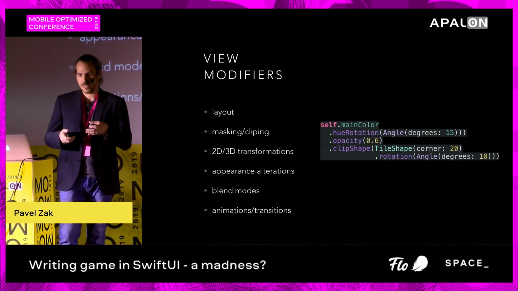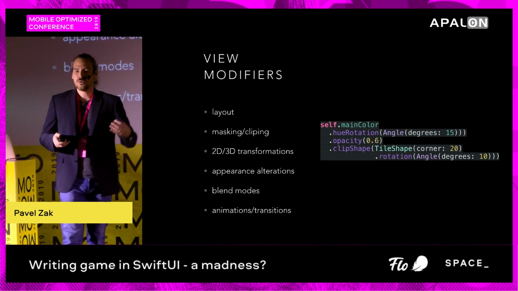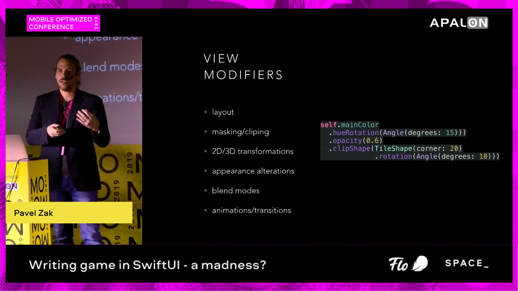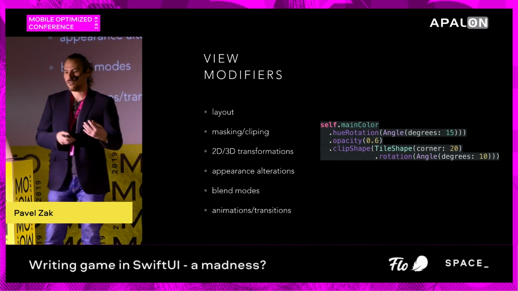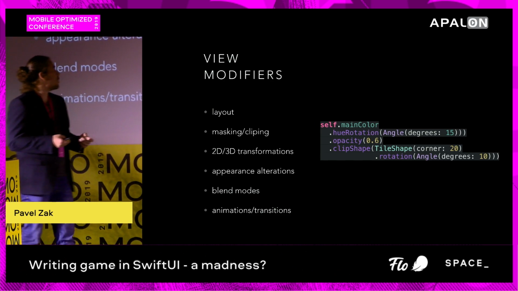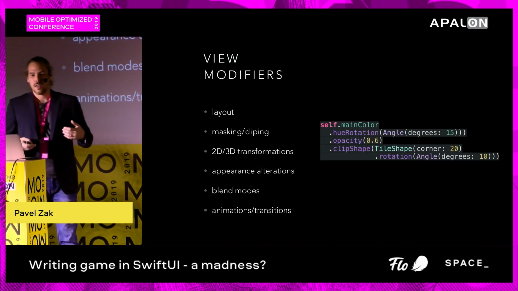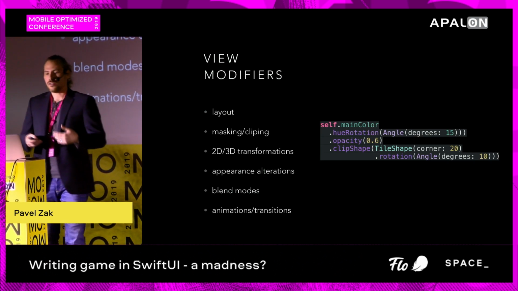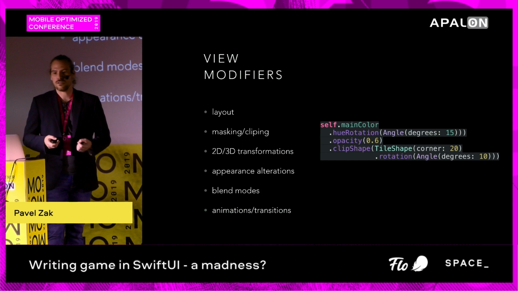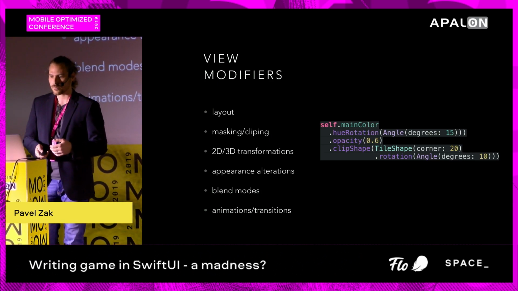The important thing about that is that everything is based on composition here. So when you have a view and you assign some view modifier, the result is also a view. And even a color is a view. So in another example, you can see that you can set a color and put some view modifiers like opacity, clip shape, and you suddenly get a view of a shape with this color.